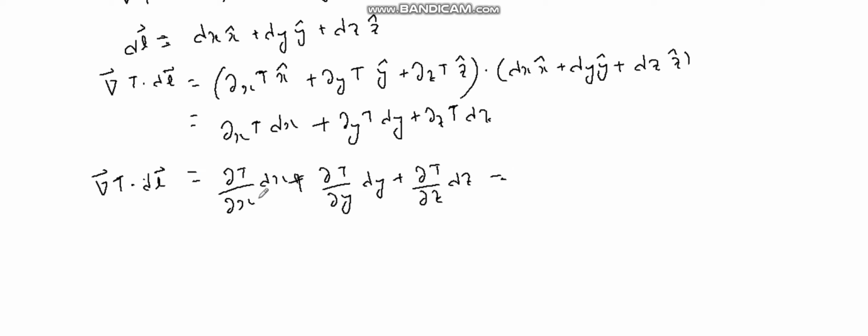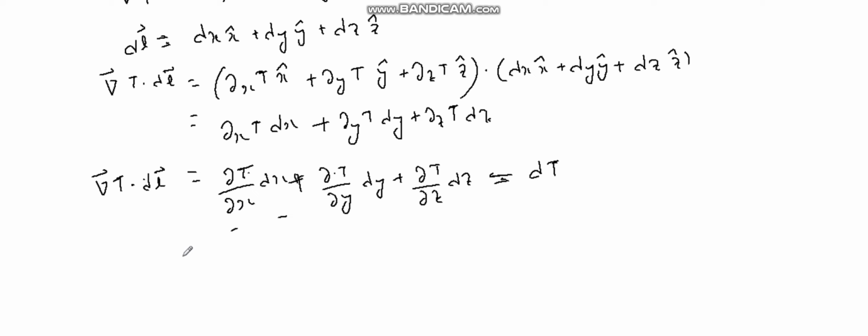And obviously, what is this? t is a function of three variables x, y and z, right? The first term represents the rate at which t changes with respect to x, considering y and z as constant, times the amount by which x changes. Similarly for y and for z, and adding all three gives us the overall change of t.